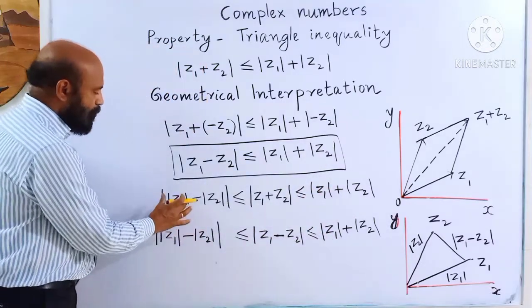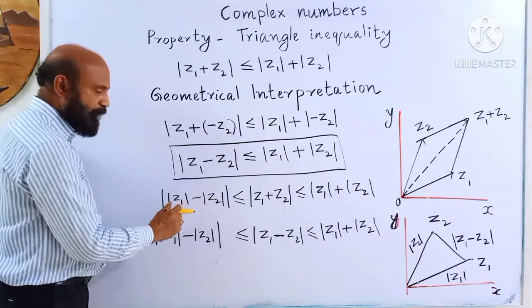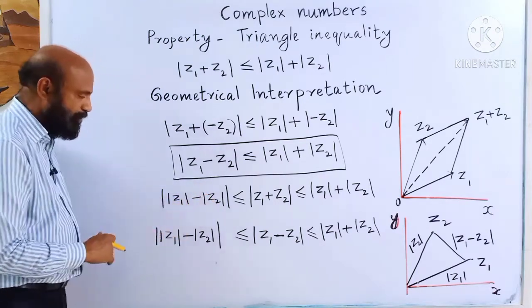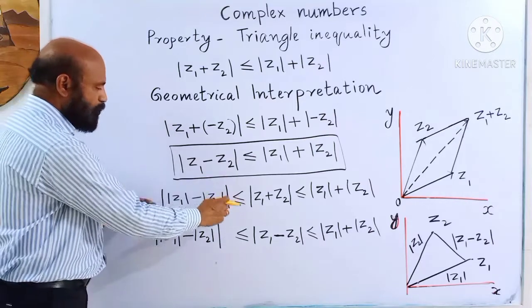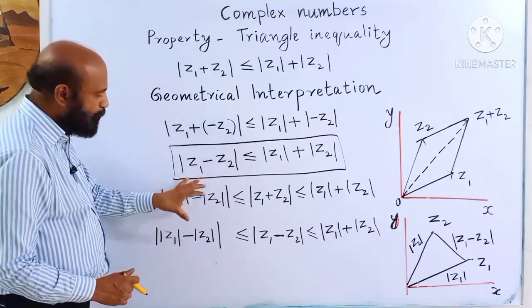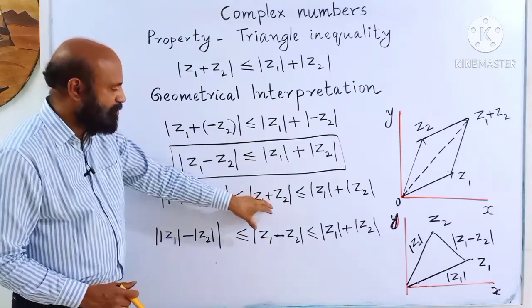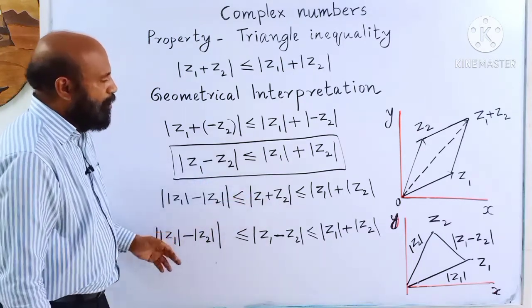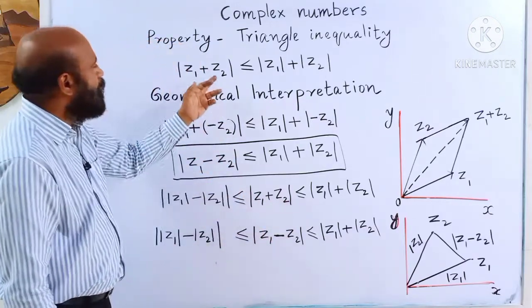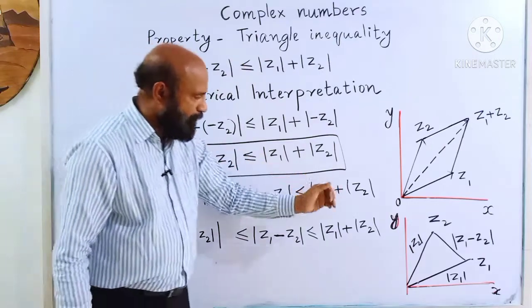Here, find the modulus, then subtract. So it can be a positive number or a negative number. Then you take the modulus, so you will get a positive number. So that is going to be the least. That is going to be lesser than this.